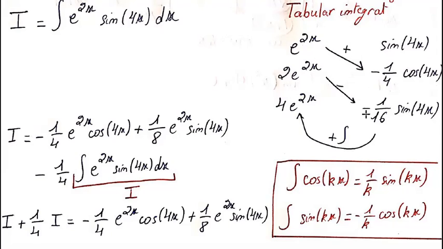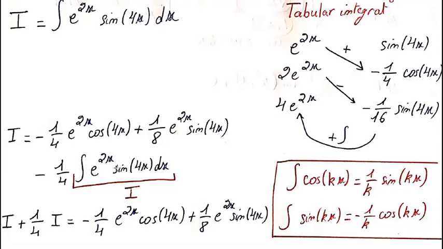So we get plus 1 over 8 e^(2x) sine 4x. And then plus the integral of 4e^(2x) multiplied by minus 1 over 16 sine 4x. So it is minus 1 over 4, because 4 times 1 over 16 is 1 over 4. So minus 1 over 4 the integral of e^(2x) sine 4x, which is I.